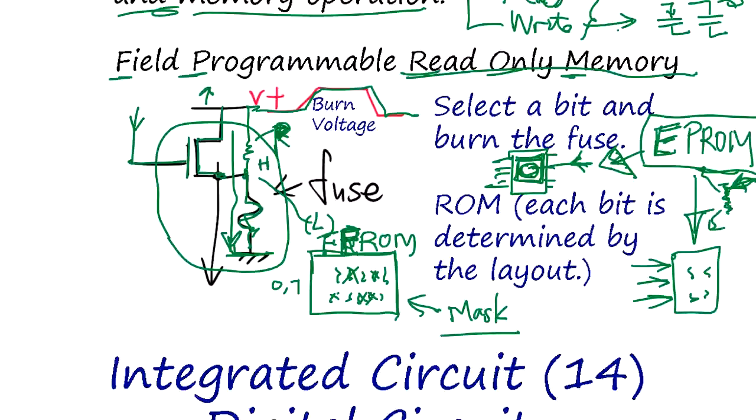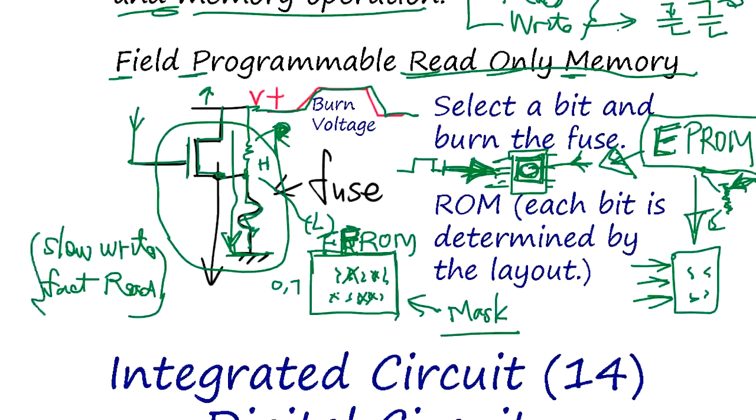Besides that, recently there is a type you cannot erase, but you can program it slowly. You can change it by changing the power voltage and so on. So it's a slow write and fast read type of field programmable ROM.